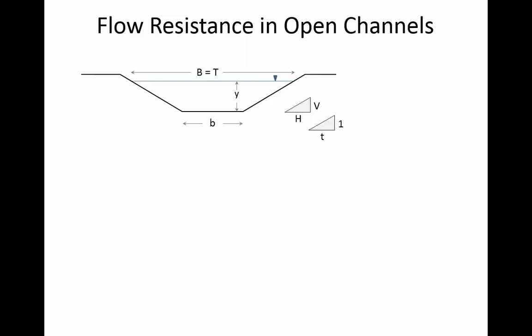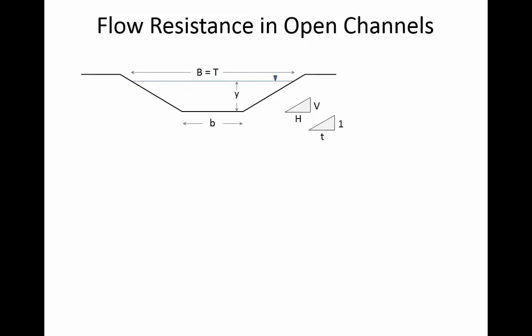On a trapezoidal channel, it's a little bit more tricky because as you can see there, we've got these side slopes. And the way that we define the side slopes is there's some horizontal component to the slope and a vertical component to the slope. And so in the textbook, what they do is they say, let's make that a ratio where the vertical component of the slope is 1, and then t tells you what the horizontal component is.